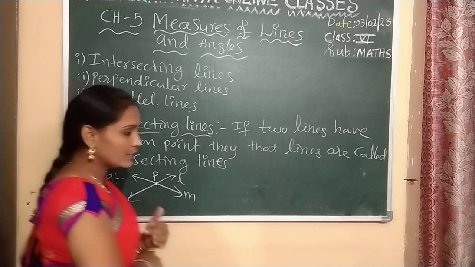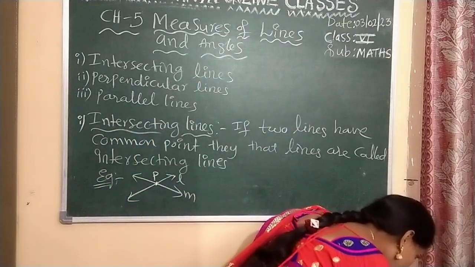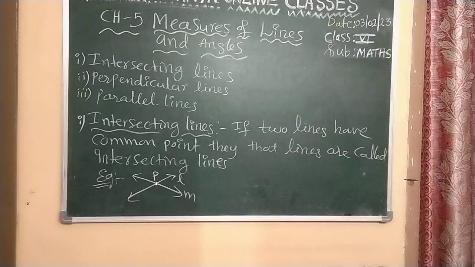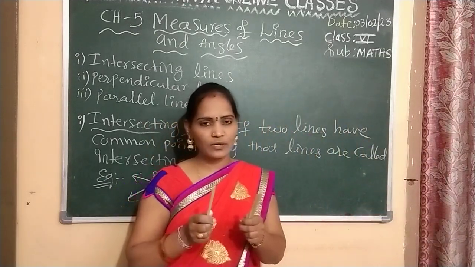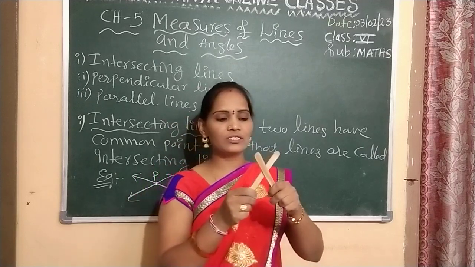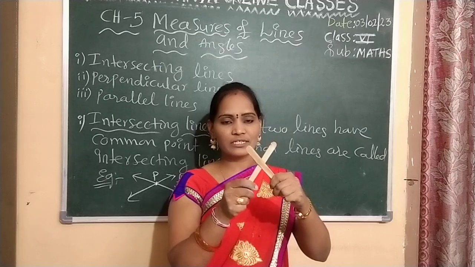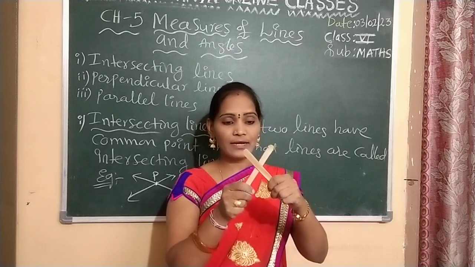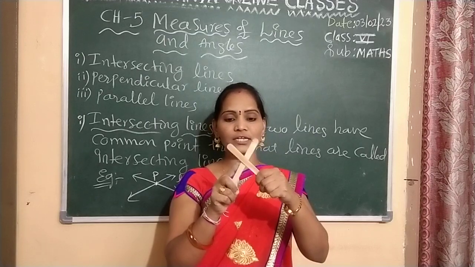Generally, for a daily life example, you can take spoons. Suppose these are considered as lines. If these two lines are like this, let us take the names of the lines as L and M, having only one common point. They are intersecting at one point.